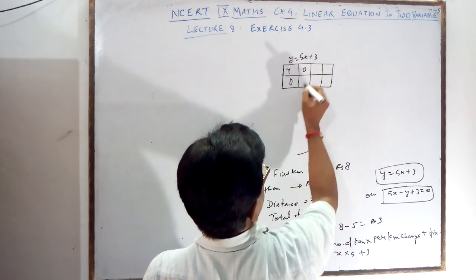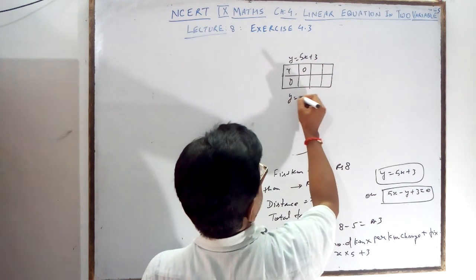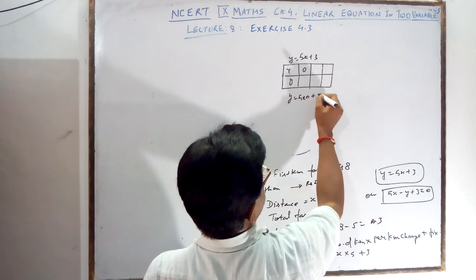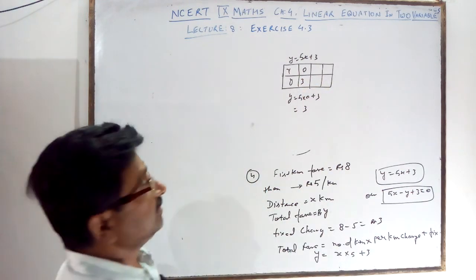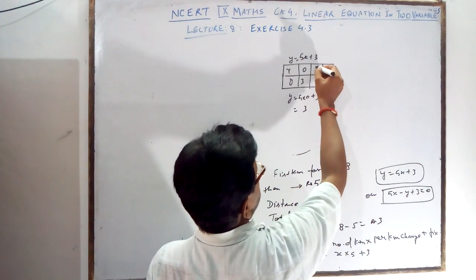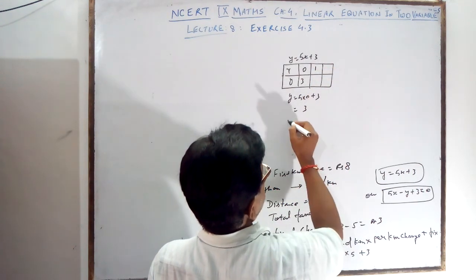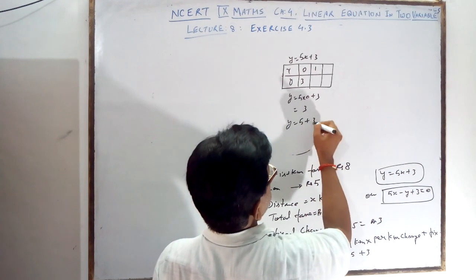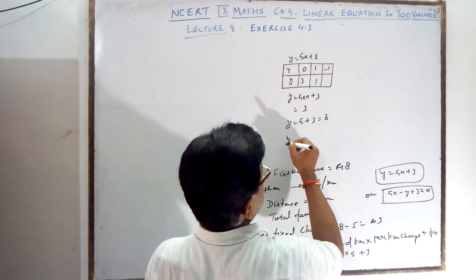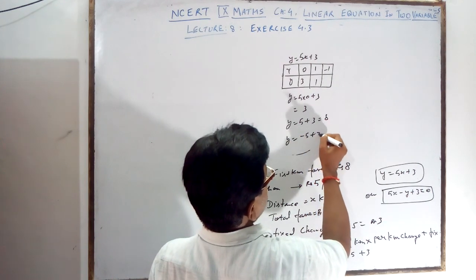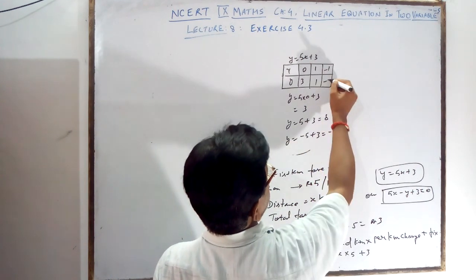If x is 0, then y will be 5 into 0 plus 3. What will you get? 3. x is 0, y is 3. And x is 1, then what will you get? y equal to 5 plus 3, 8. x is minus 1, then y is equal to minus 5 plus 3, minus 2.